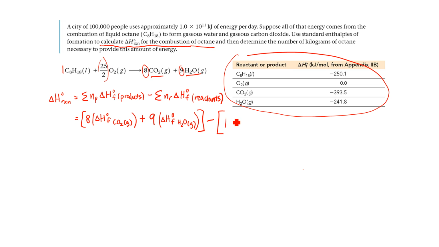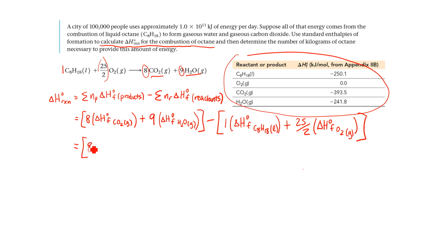So 1 times delta H formation of octane plus 25 over 2 delta H formation of oxygen, which, by the way, we already know is 0, but we're writing that out.